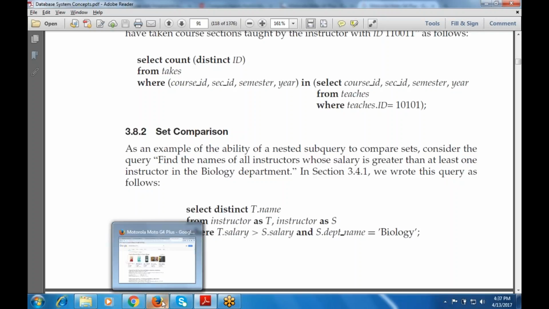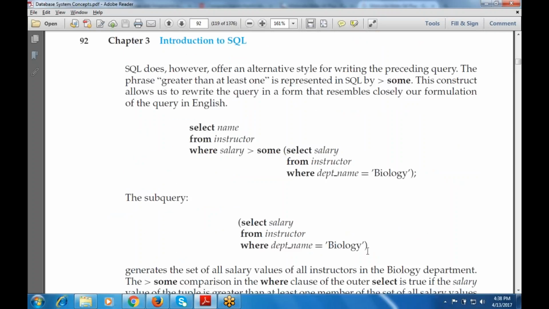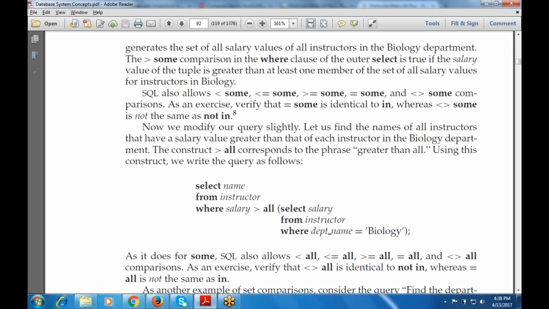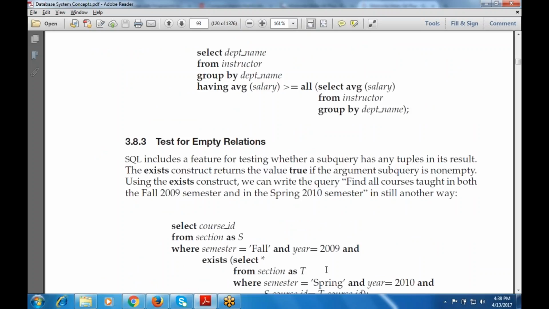So select distinct T.name from instructor as T and instructor as S, where T.salary is greater than S.salary and S.department name equals biology. And this is a subquery, select the salary from instructor where department name equals biology. We are using greater than, less than, and so on.